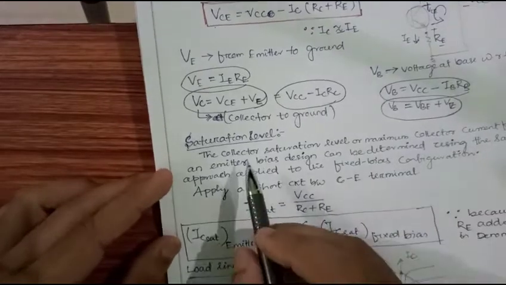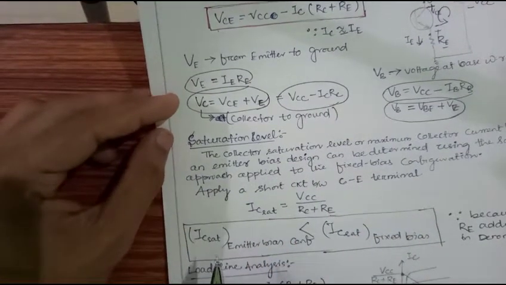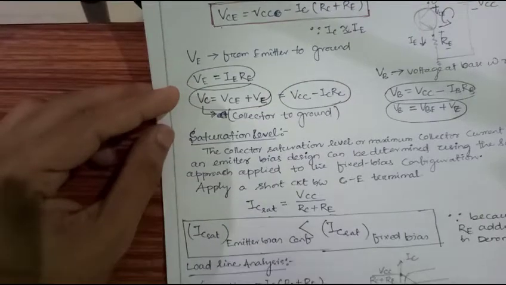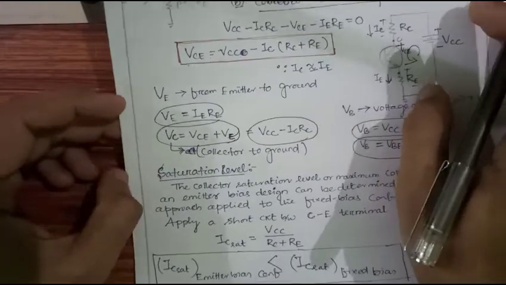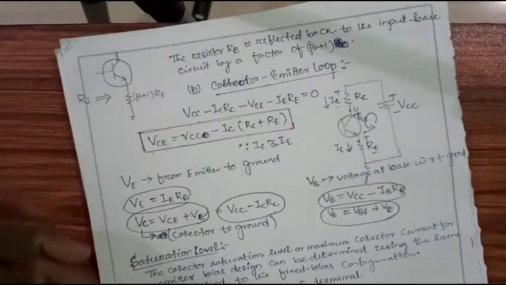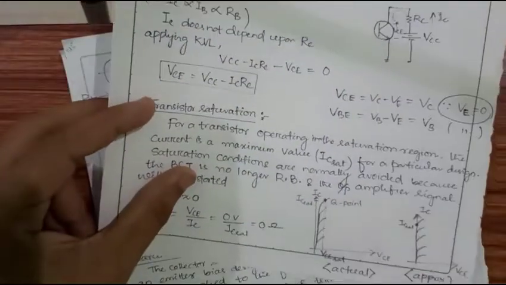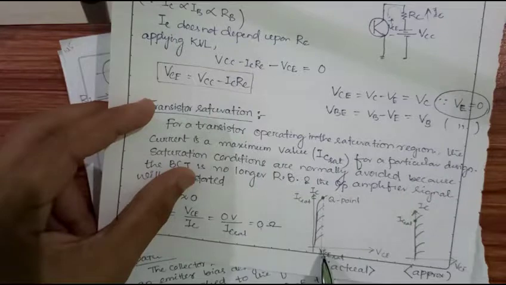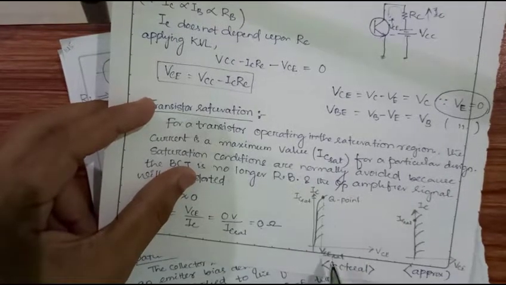Okay, then the third one is the saturation level. Similar to the fixed bias condition, what is the saturation level? This is the maximum collector current, or maximum output current, at the saturation level. At the edge of saturation, the maximum collector current occurs, and at that value my VCE is VCE sat.